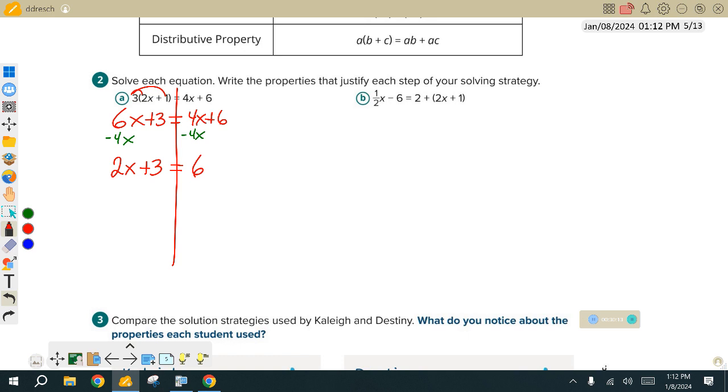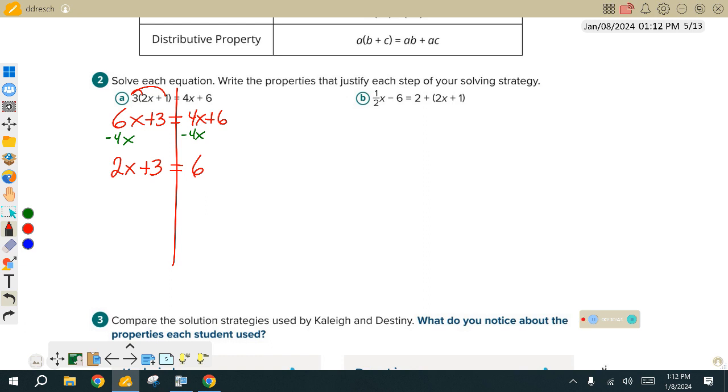Jalen, give us a second. Okay, what's going to be my next move here to solve this out? Subtracting 3. Subtract that 3 for us. Finish it off. Subtract that 3.